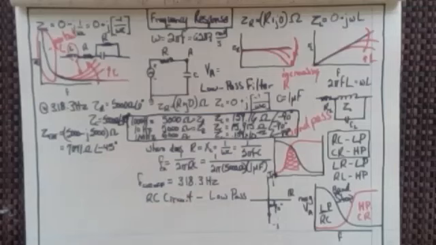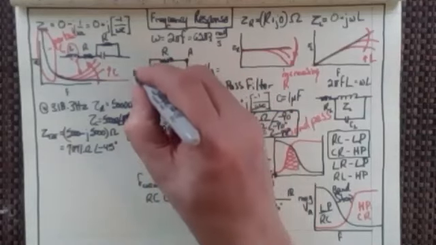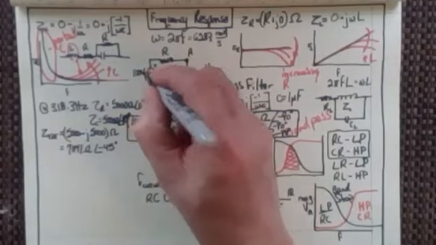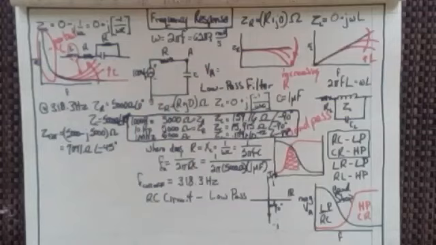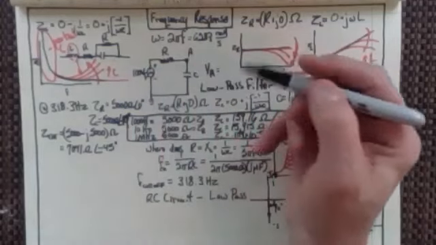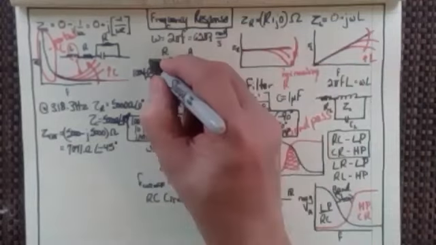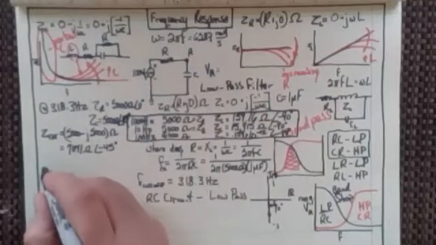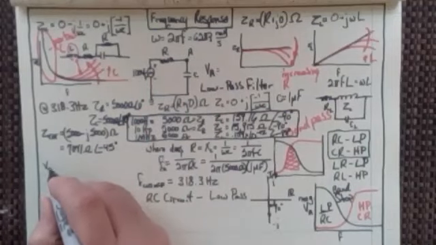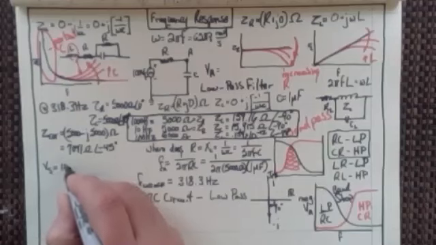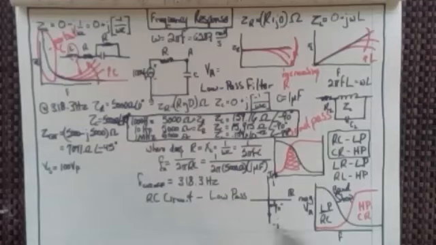Okay, so that's what we've got for the total impedance at the cutoff frequency. So if I made this 100 volts peak right at that point, my voltage out of the source is going to be 100 volts peak, right?